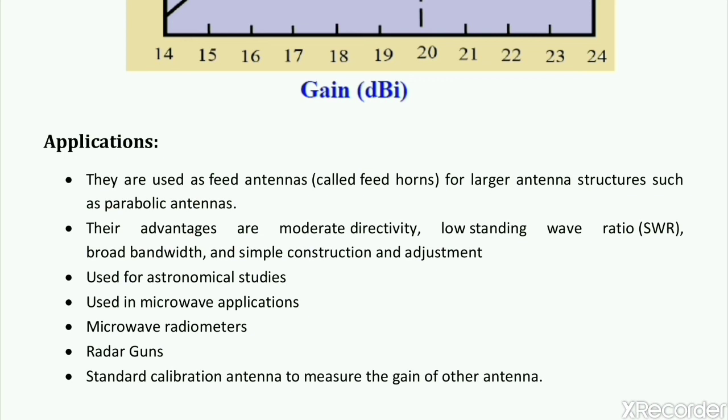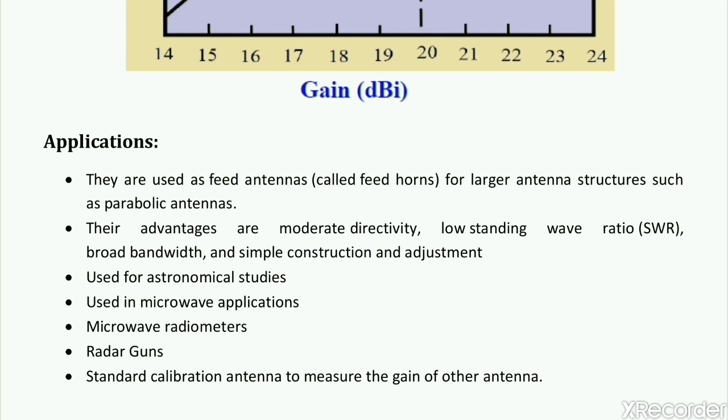They are also used for astronomical studies, in microwave applications, in microwave radiometers, in radar guns, and as standard calibration antennas to measure the gain of other antennas. So the conical horn antenna has very wide applications in microwave applications, in radars, in the calibration of gain of other antennas, and it is also used to feed larger antenna structures such as parabolic antennas.